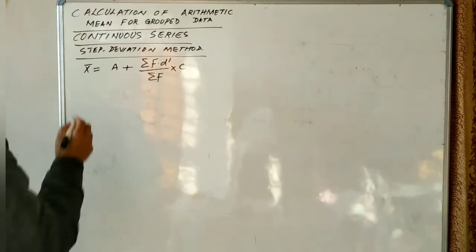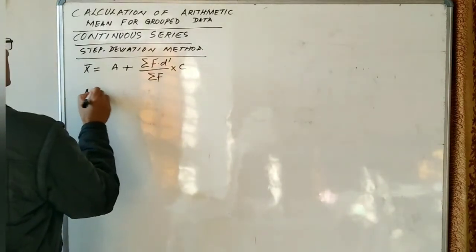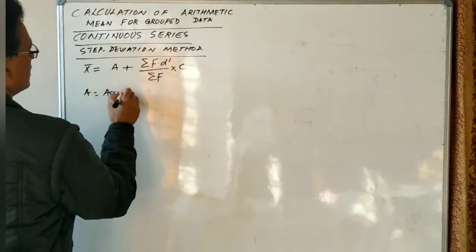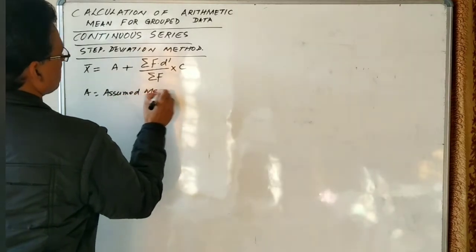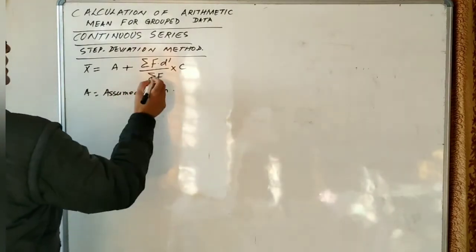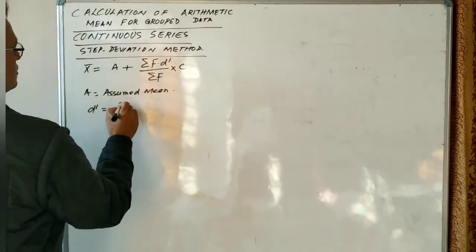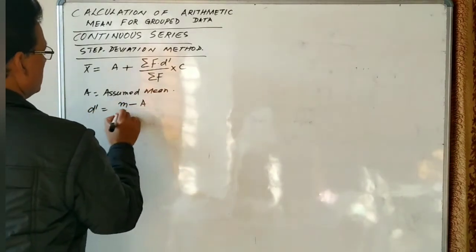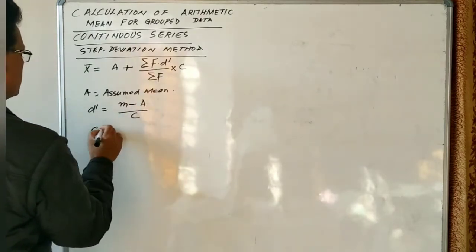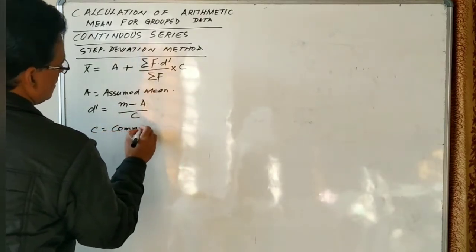Let us see what is d dash. A, you know, A means assumed mean. Sum of f means sum of frequency. D dash is equal to m minus a divided by c. C means common factor.